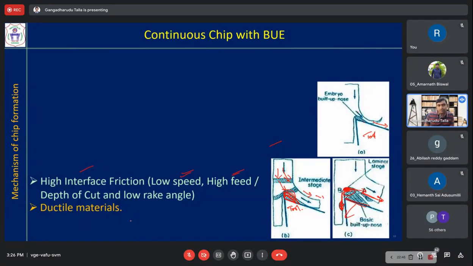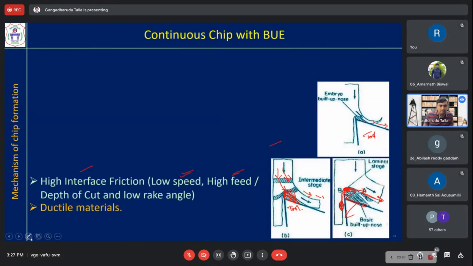In case of a continuous chip we will generally see the built-up edge, because the heat generated is high, since the chip is in contact with the tool for a longer duration. So a high amount of temperature is generated that will again help the workpiece material to become plastically deformed.